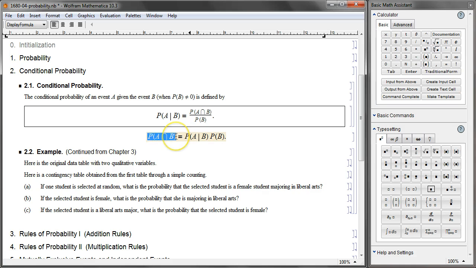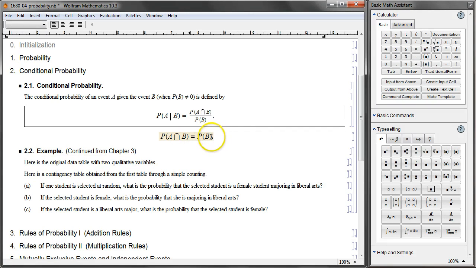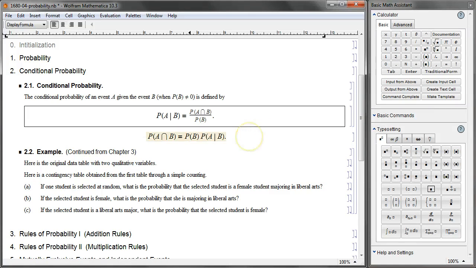The probability of A and B is the probability of the condition times the conditional probability. As a matter of fact, it would have been a bit easier the other way around. It's okay, multiplication is commutative. This condition part works more or less like a denominator. And we have this multiplication rule. And this multiplication rule can be repeated.